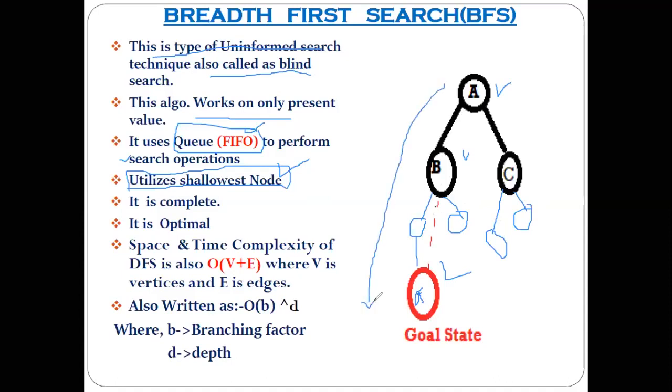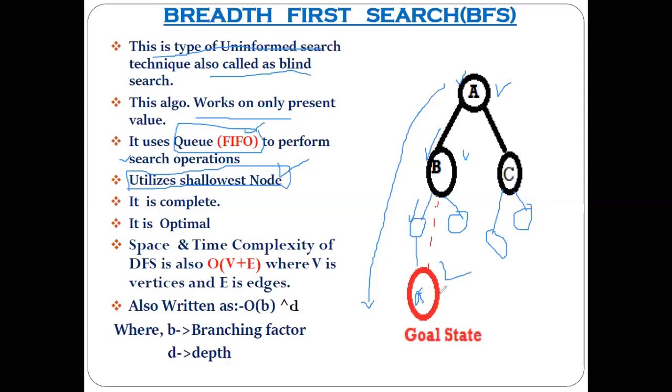first you push the A on the stack, correct? Next, if you choose this direction, you go with the B. Then in case of the deepest, next you choose this node, and accordingly you come to the last one.